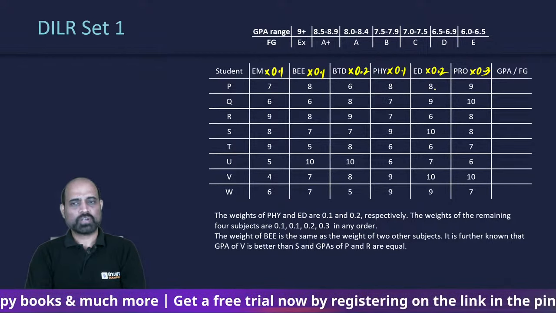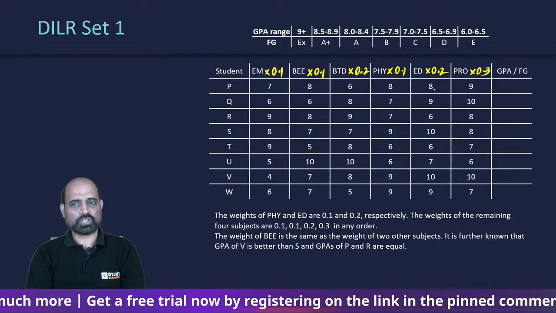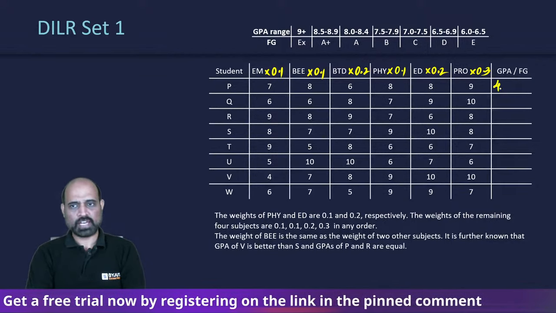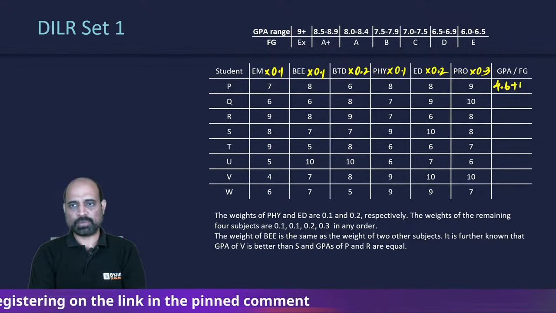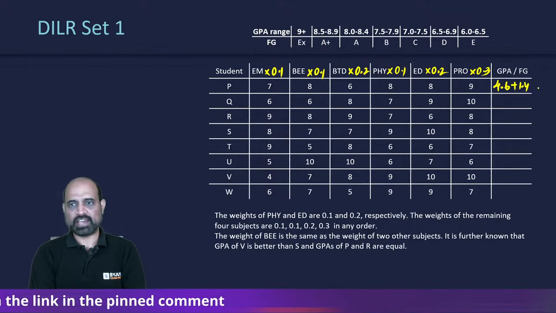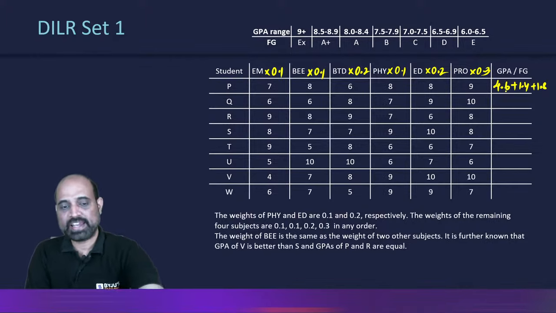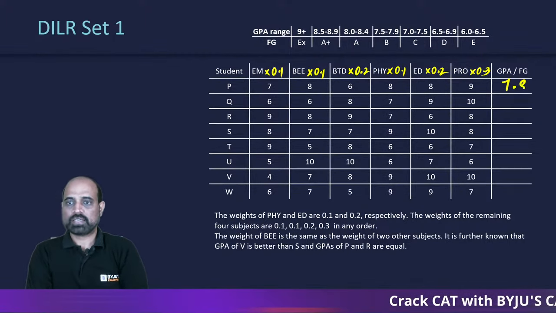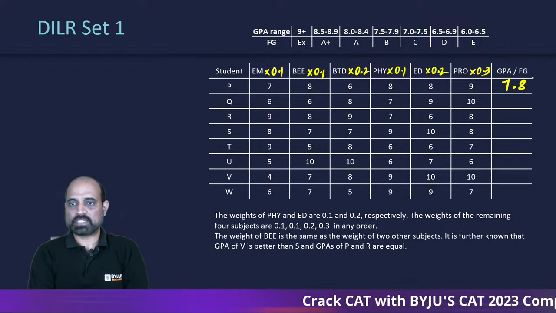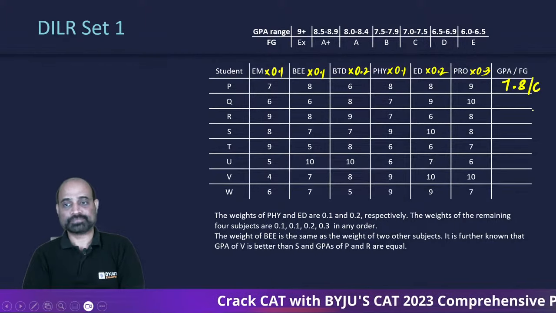Hold on. This was 30, 46. So we will have 4.6. 6 plus 8 is 14. So that will be another 1.4. And 9 into 0.2 is 1.8. So 4, 5, 6, 7, 7.8 is what I will have for P. 7.8 means its grade is C.